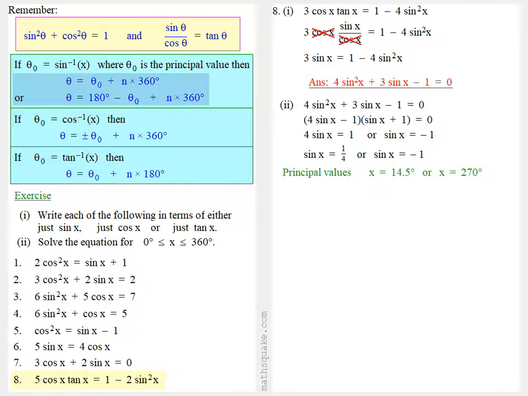Well, if we consider the general solution, we can have 14.5 degrees or 180 minus 14.5 degrees, which is 165.5 degrees, or we've got x is equal to 270 degrees. So there are 3 possible solutions: 14.5 degrees, 165.5 degrees, or 270 degrees.